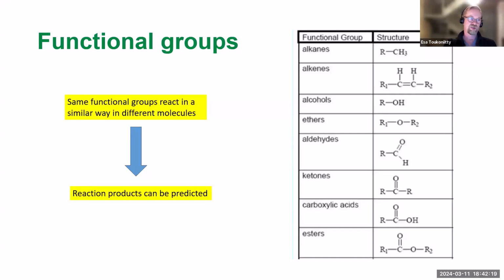So you don't need to study each of those tens or hundreds of molecules necessarily separately. You can detect the functional groups and at least to some extent predict what are the probable products from reactions of these molecules.